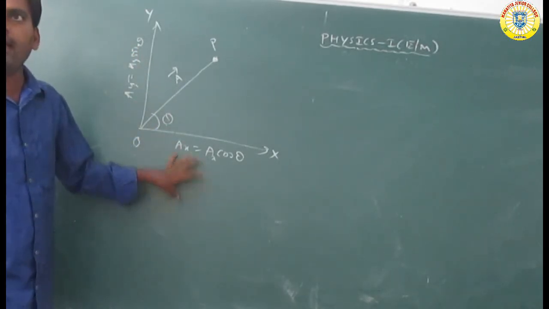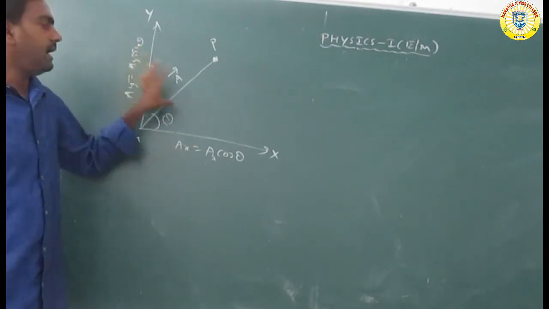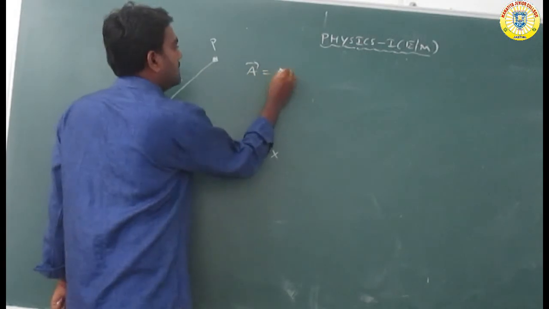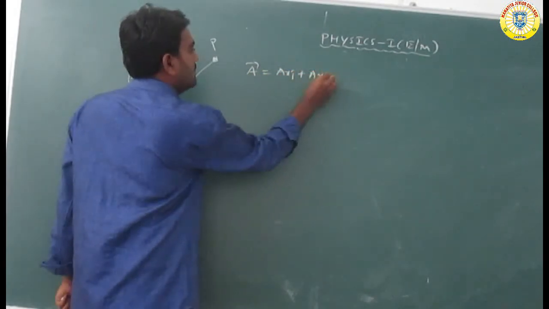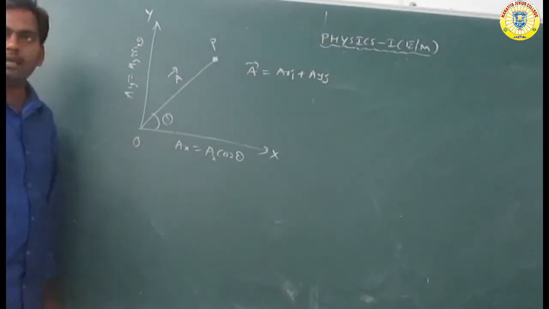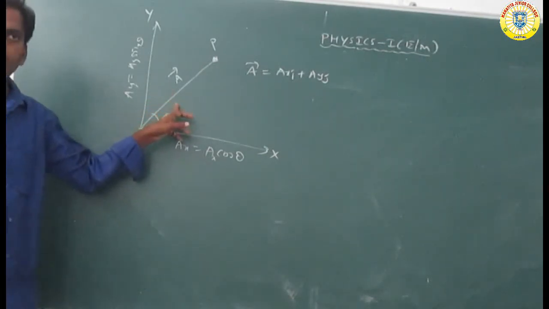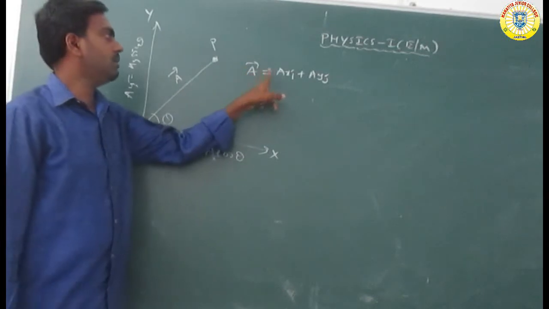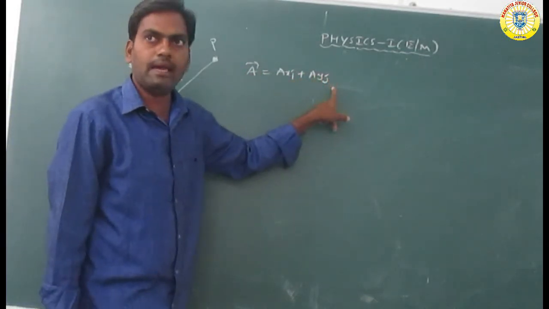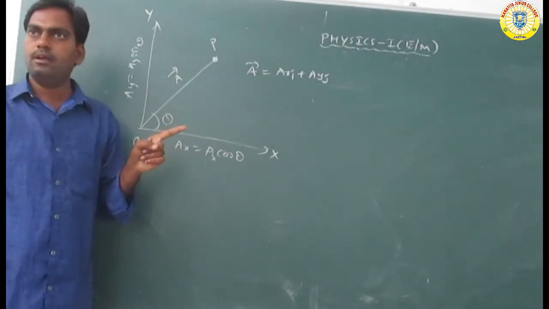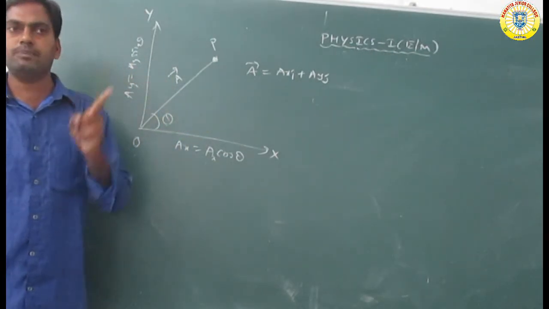The vector is represented as A equals Axi plus Ayj, where Ax and Ay are the two components along the x-axis and y-axis respectively.